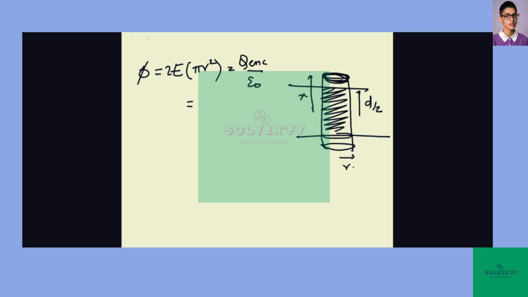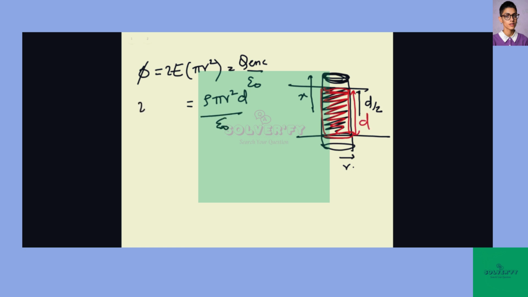So even though the cylinder extends beyond the slab, only that part of the cylinder that is within the slab will have any charge. So we only consider the charge here. So that will be rho times pi r square times d, because the part of the cylinder that is inside the slab will have length d, divided by epsilon naught.